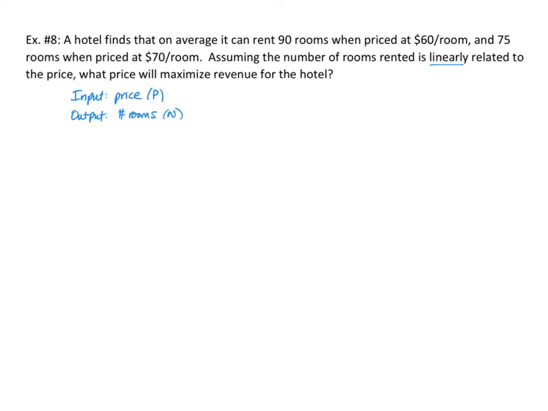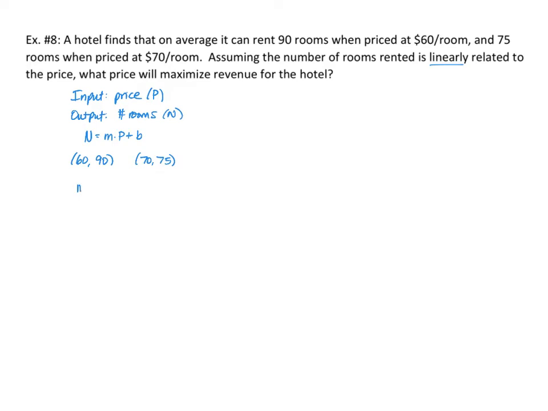So we could think of it in that y equals mx plus b format, or in this case, N, the number of rooms, is equal to the slope times the price plus some initial value, b. So we can take the two situations that we're told about and think of those as ordered pairs, the input being the price and the output being the number of rooms. So we could have one ordered pair, $60 as our price, gives us an output of 90 rooms. $70 as our price gives us 75 as our number of rooms.